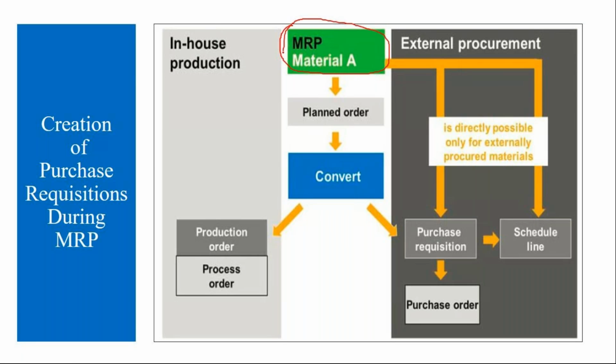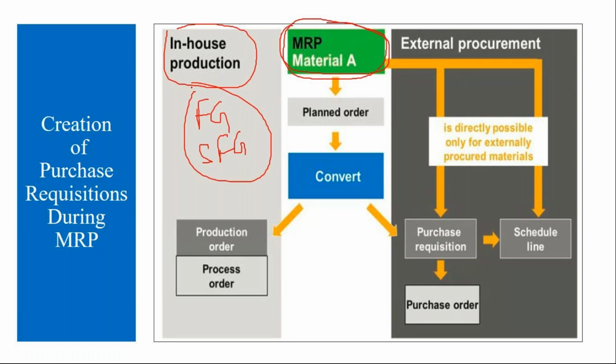When they run MRP, if the material is an in-house produced material, like finished products, FG or SFGs, for those materials the system will generate a planned order. Then this planned order will get converted to a production order or process order. So this is part of PP.